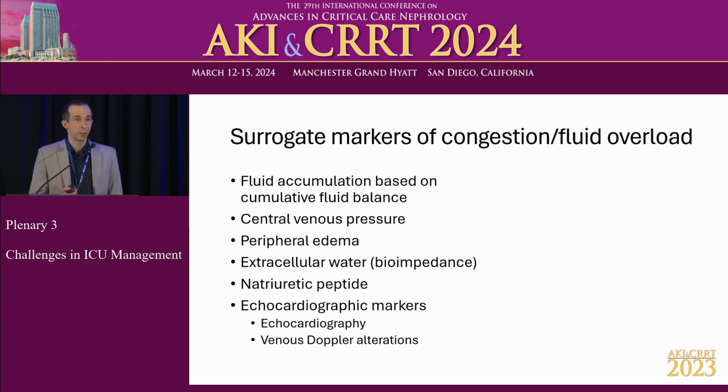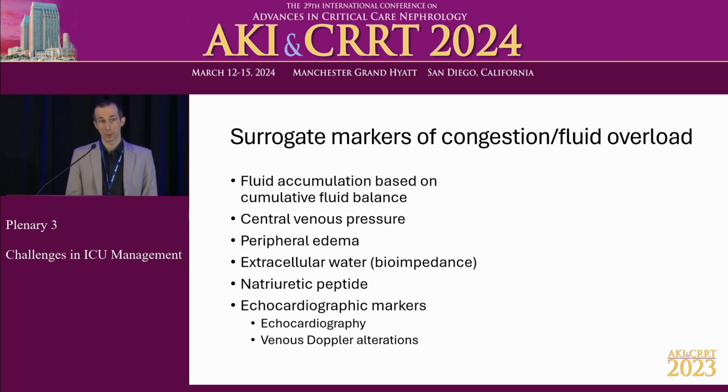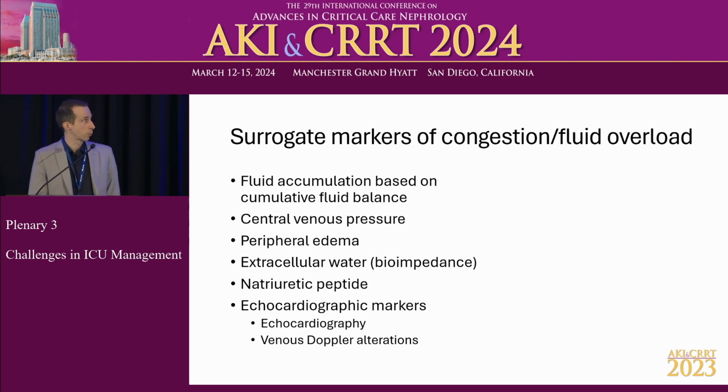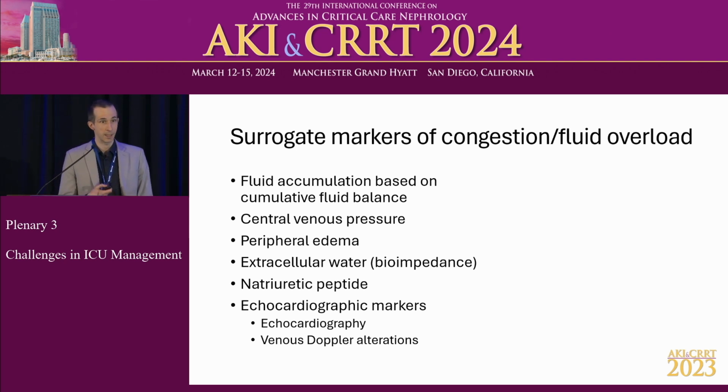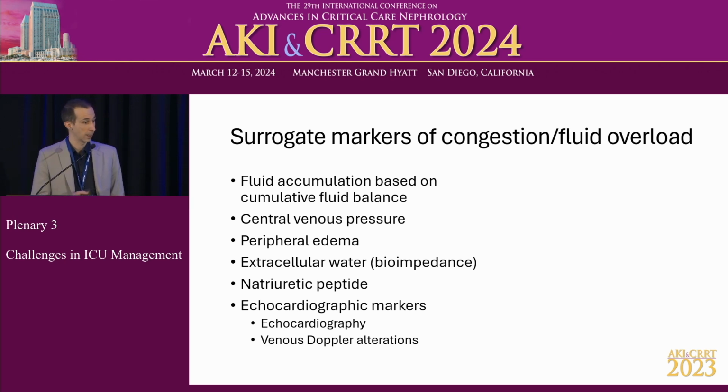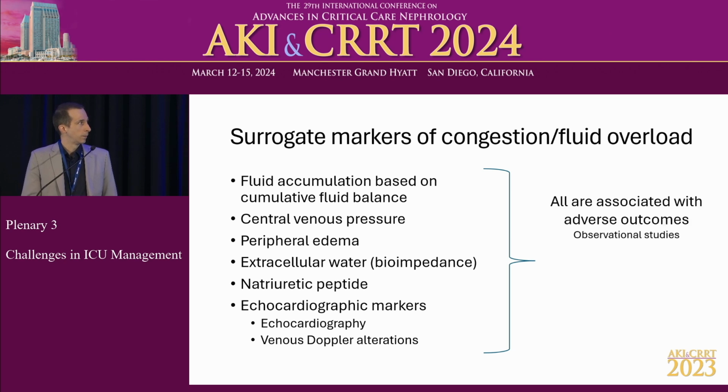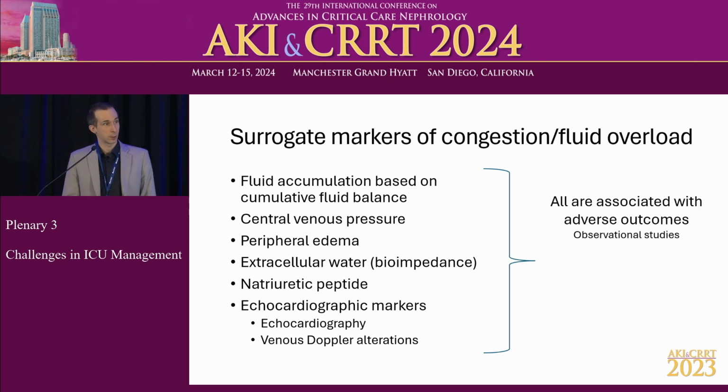Now, there are multiple surrogate markers of congestion and fluid removal. For example, fluid accumulation as a percentage of body weight, central venous pressure, peripheral edema, extracellular water measured by bioimpedance, natriuretic peptides, and various echocardiographic and peripheral venous Doppler assessments. These are all associated in observational studies with adverse outcomes.